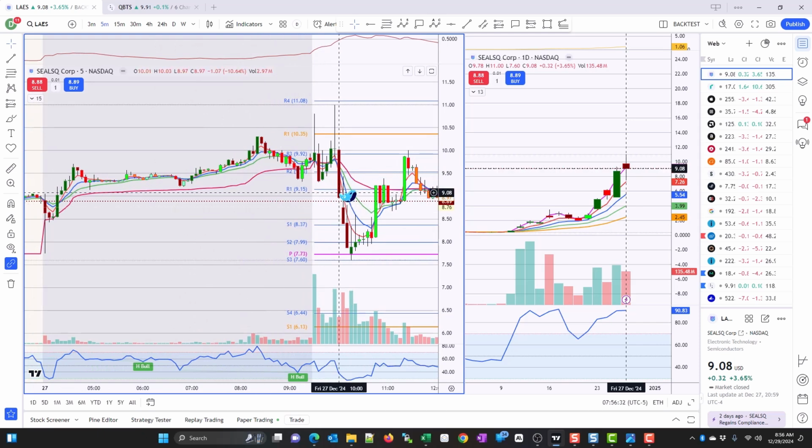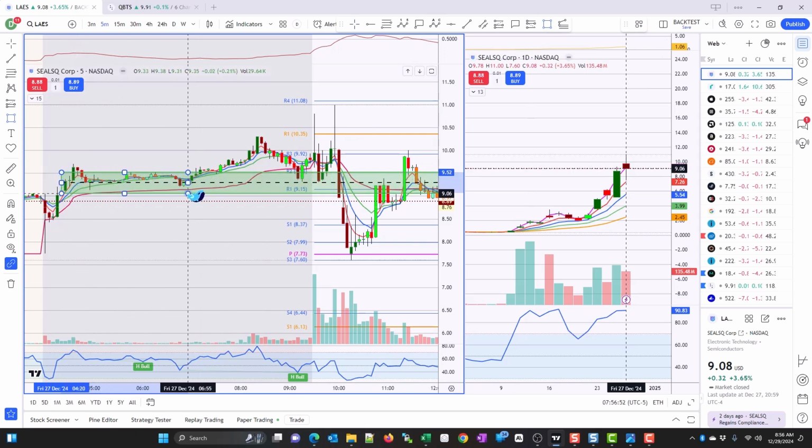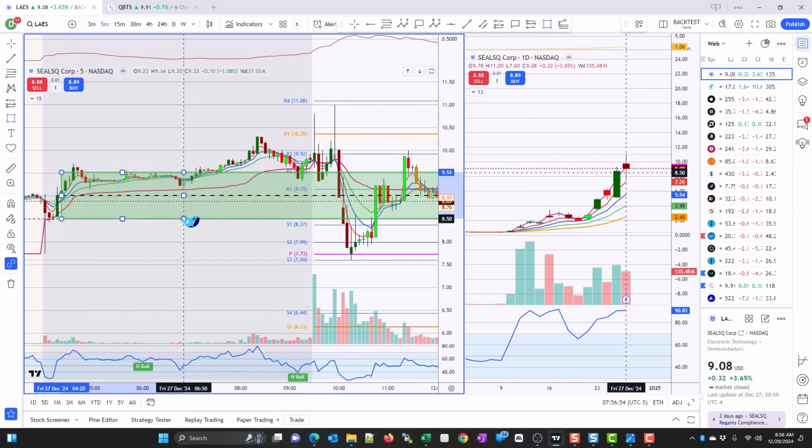This 950 is a big level. It's a $0.50, and this is 952. If we look left here, we can see that this is a huge range. I'm going to draw this here, about 950, down to the pre-market low.